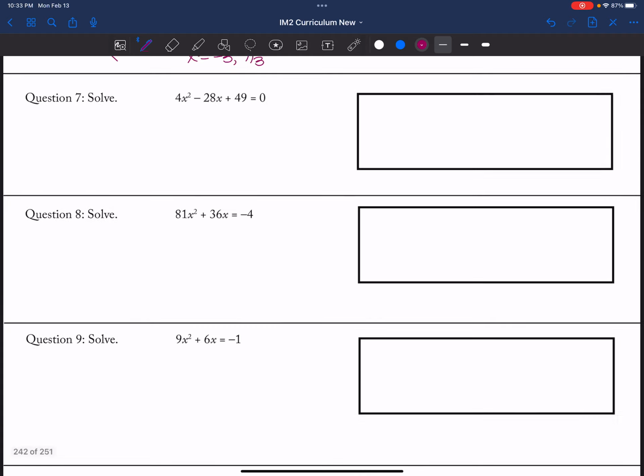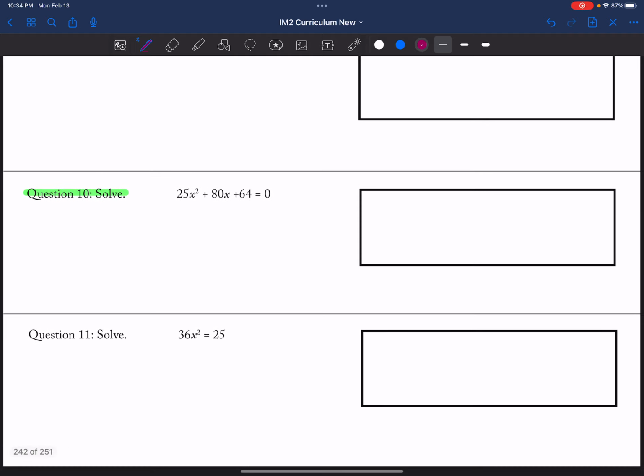Okay. Going to 10 now. Ooh, these big numbers. So, remember what we talked about before? This is going to factor to a perfect square. So I'm going to take the square root of 64, which is 8, take the square root of 25, which is 5, and then write this as 5x plus 8 and 5x plus 8, and hope that that's right.